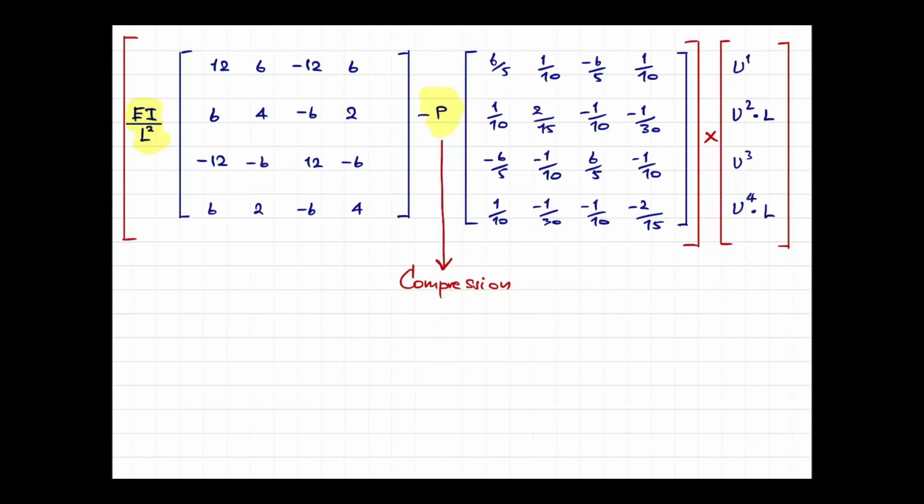So be careful with this part, what kind of force P is. If P is tension and negative P is compression, then you have to take that minus sign out. Don't confuse ourselves. P is the compression. The thing is that this geometric stiffness matrix is capable for both tension and compression.